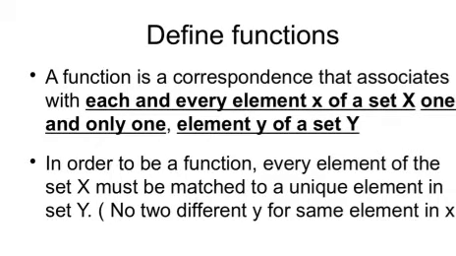As I said earlier in the previous video, there are four different types of mapping, general relationships, that we can see. Out of the four, there are actually two types of mapping that can be called functions.